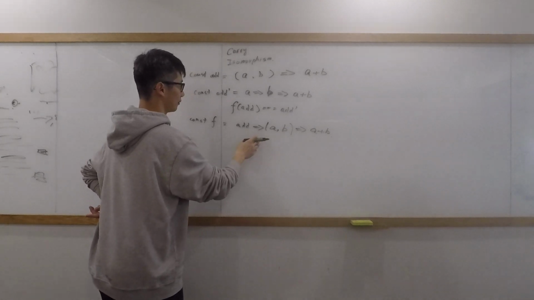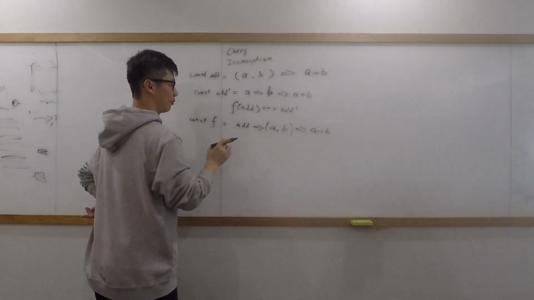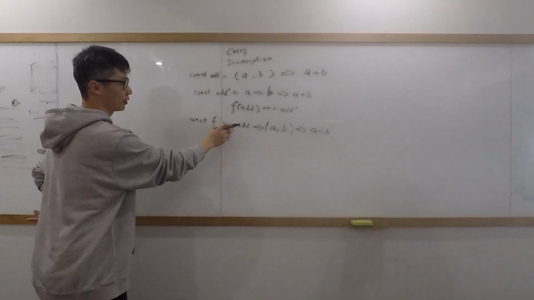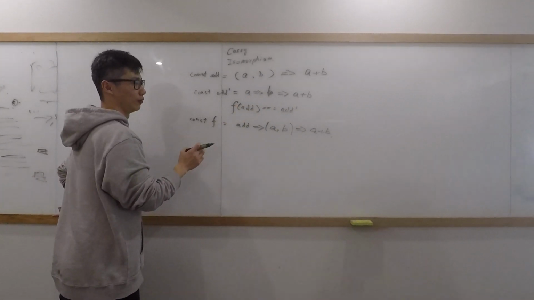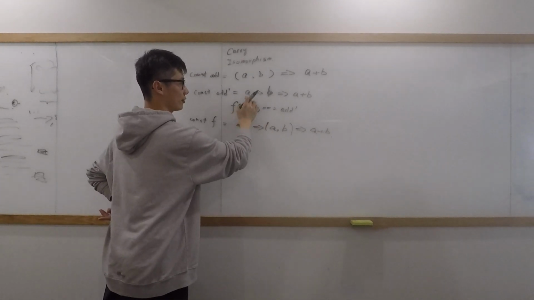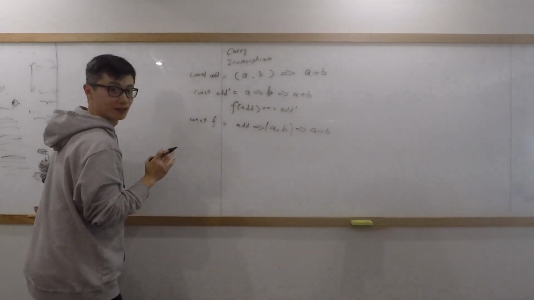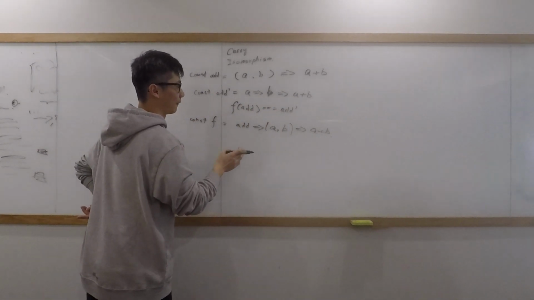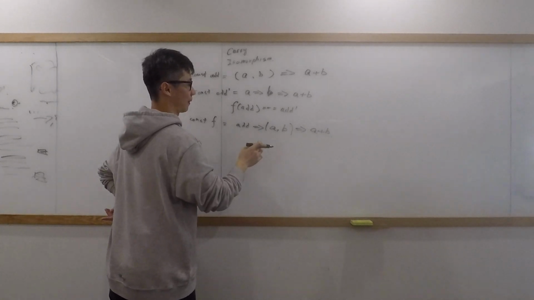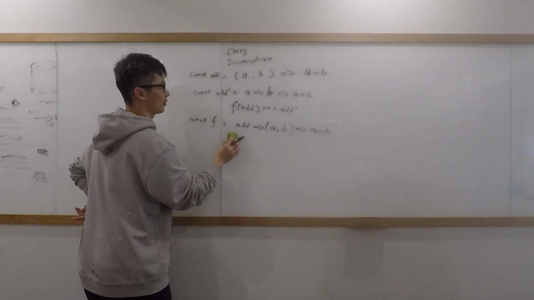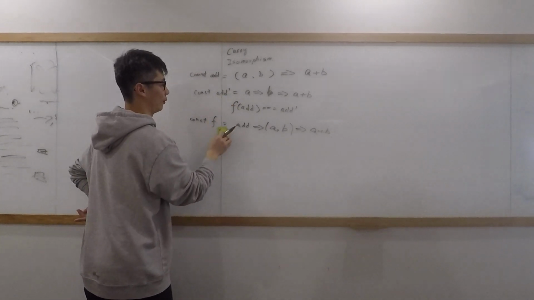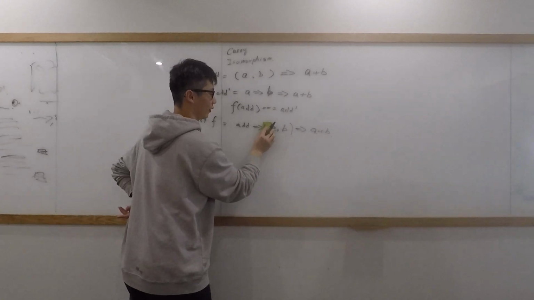First, does it satisfy this requirement? If it takes add, it will spit our function out. Is this that function? No? Okay, so how do I write it? Obviously, I cannot use add here when constructing it.